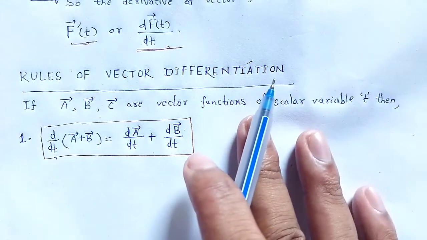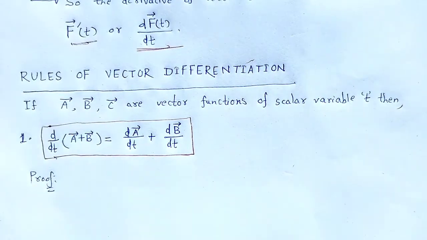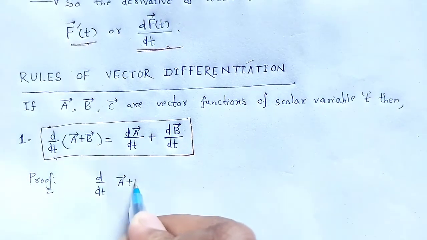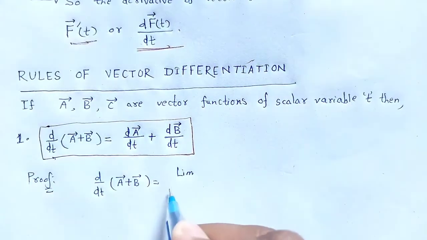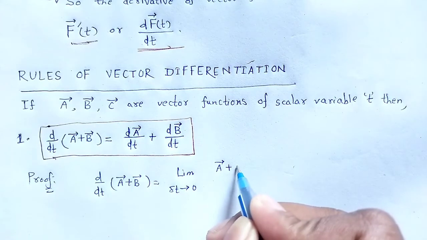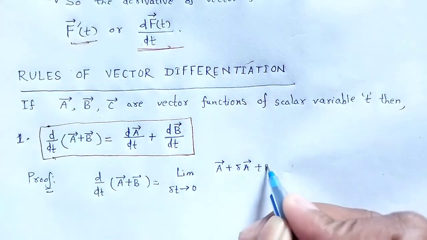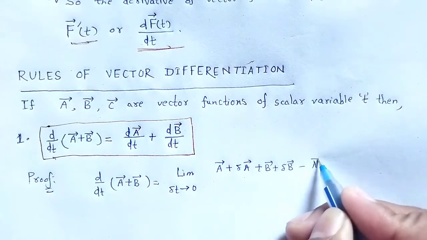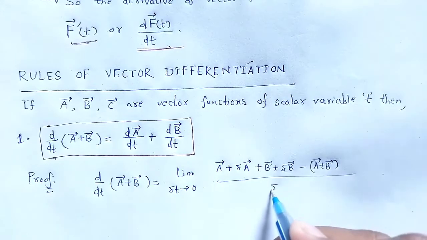How can we prove this? Write d by dt of a vector plus b vector. According to the definition, it is limit del t tends to 0, a vector plus del a vector, some increment in a, plus b vector plus del b vector, minus a vector plus b vector, divided by del t.